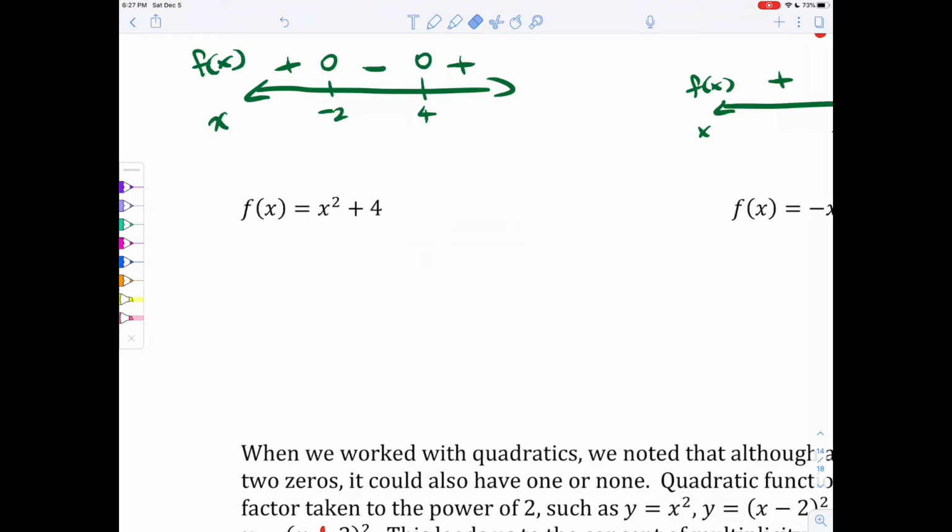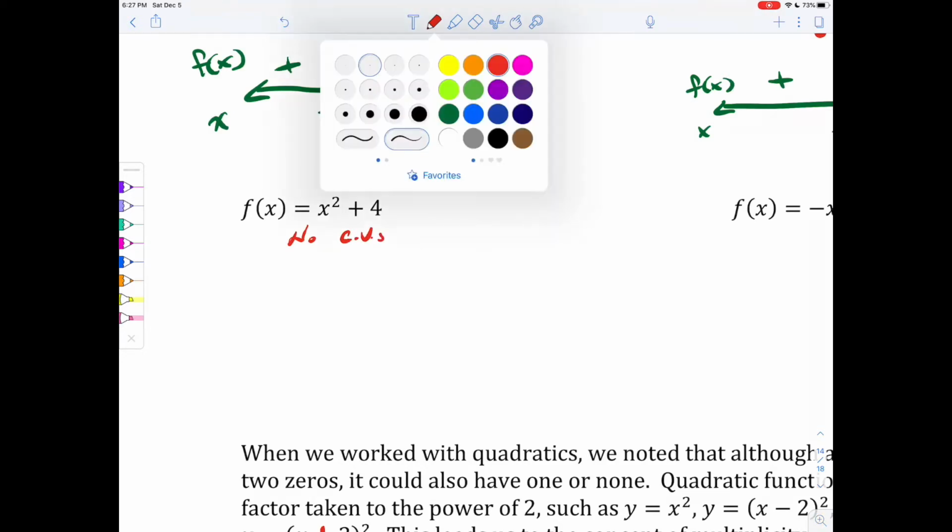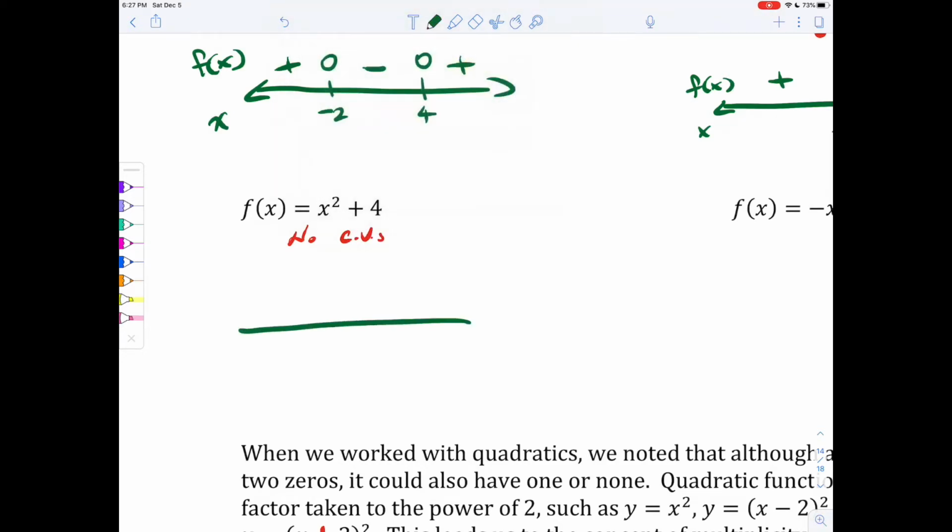But in any case, we note that this has no critical values. So when we look at its sign graph, or sign diagram as some call it, there's nothing placed here, there's no numbers. We just note that this one, again having that positive leading coefficient, is positive the whole way through.